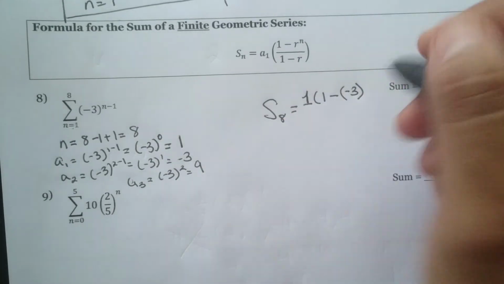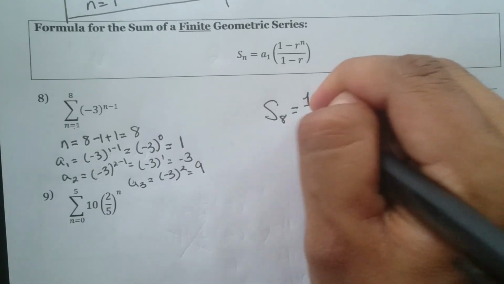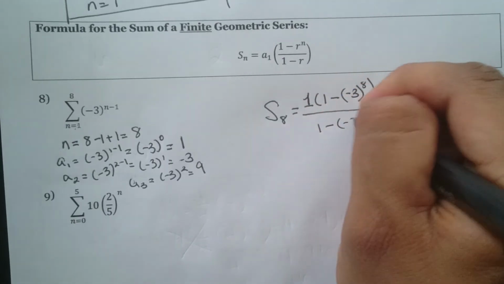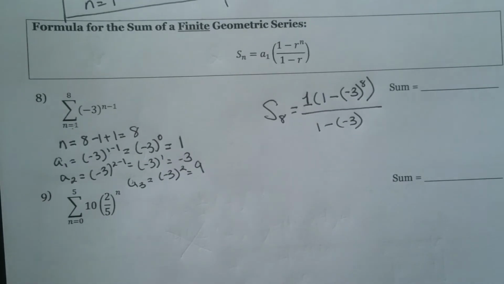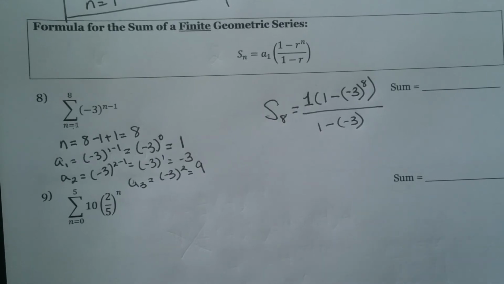N, we found out that we're adding 8 terms, and then over 1 minus the ratio of negative 3. Hey, sweet. I don't have to solve for anything else. I just need to figure out what this is. Hopefully you have one, but you can use a calculator.